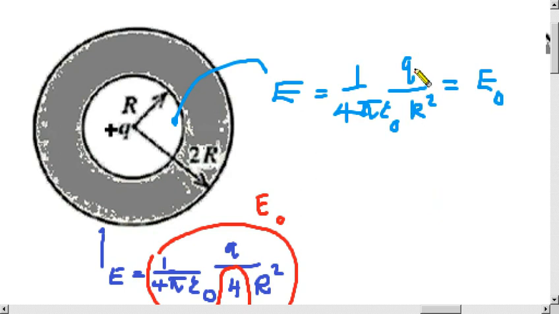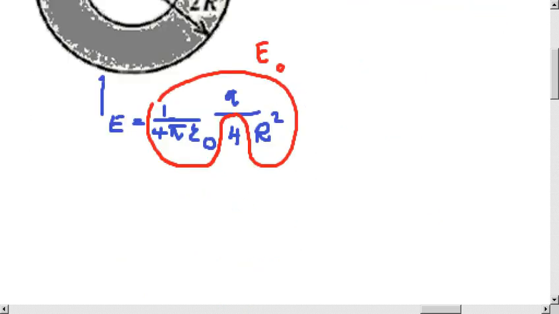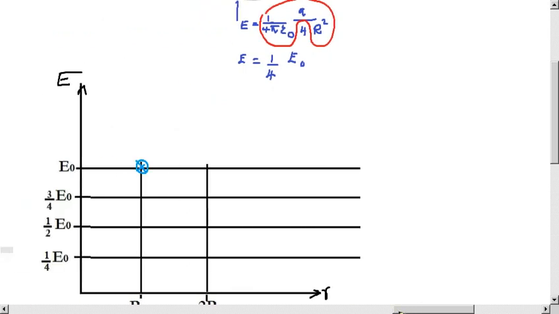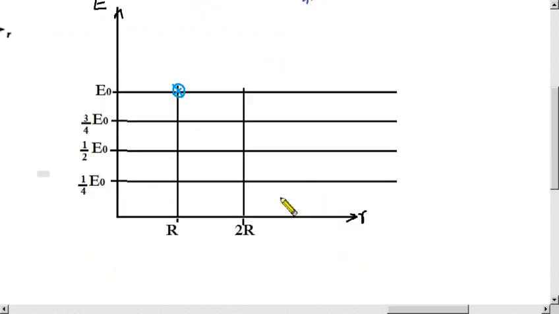You can see Q divided by R squared, without this 4. So we can now write 1 over 4 times E naught. The whole other terms are E naught. So this is the field intensity just close to the outer surface, that is, the distance is 2R from the center.